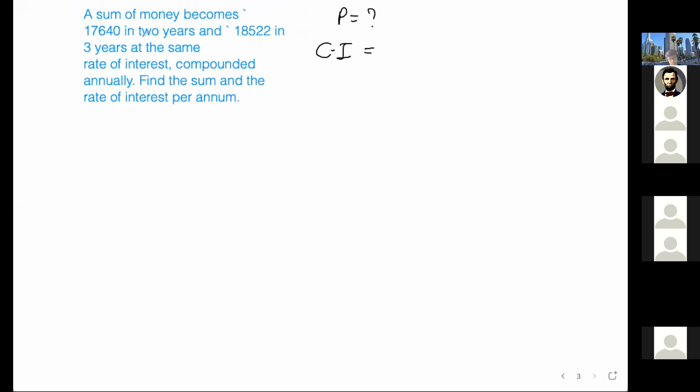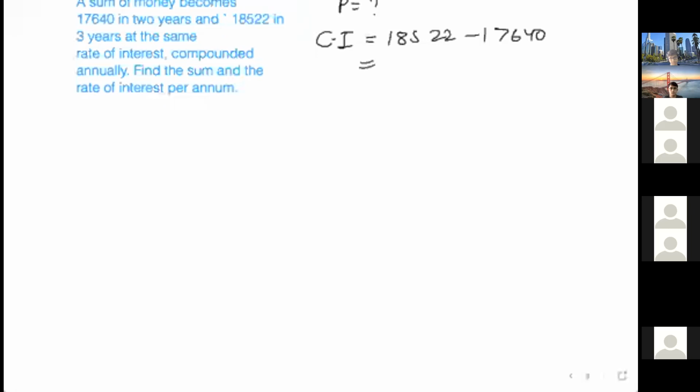Because in 3 years this much amount came and at the end of 2 years this much amount. So the compound interest in the last year will be how much? Difference of these two. What is the difference? 18522 minus 17640 comes out to be how much?